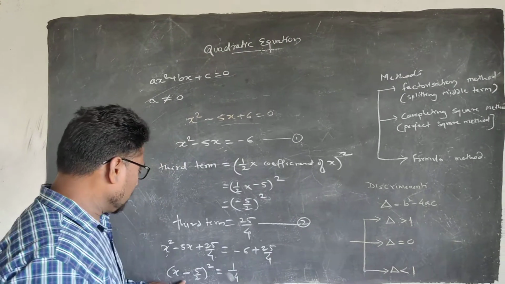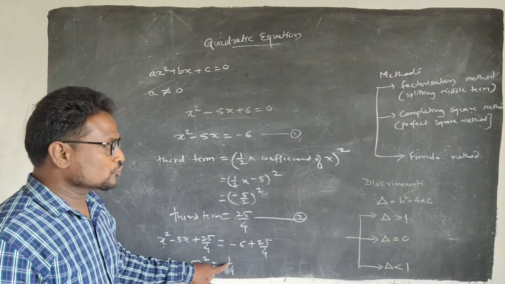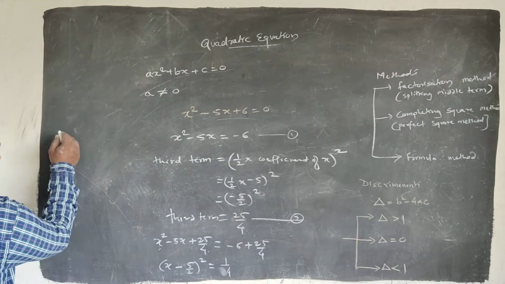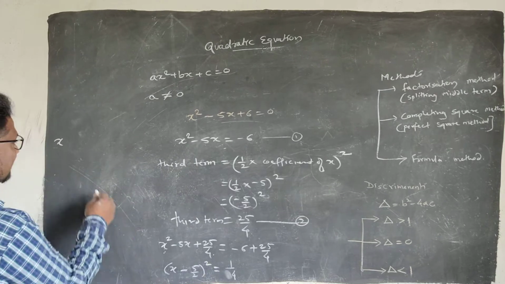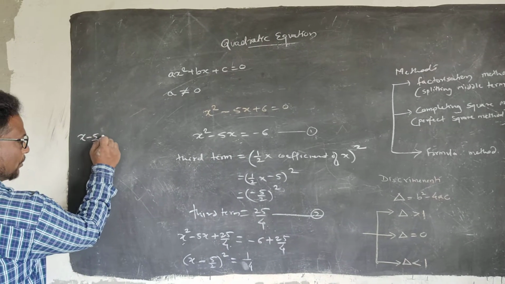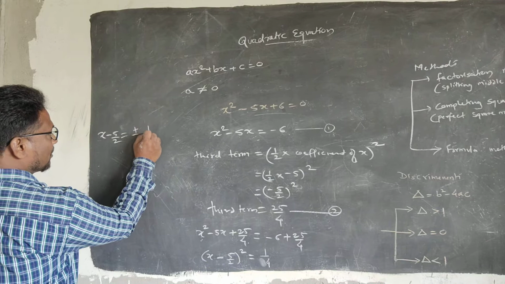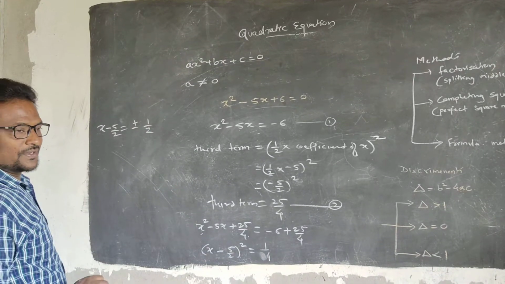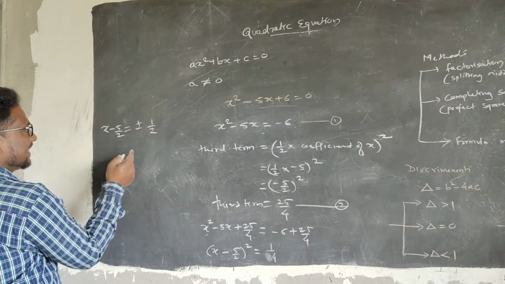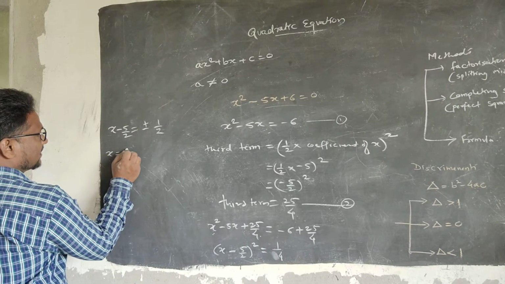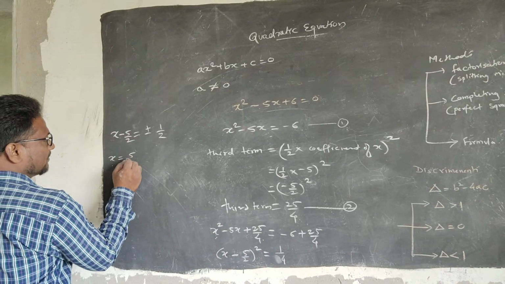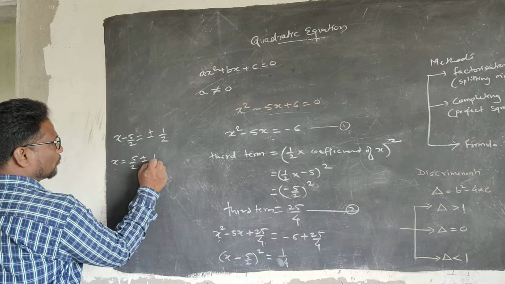So we get x minus 5 upon 2 bracket square is equal to 1 upon 4, and taking the square root on both sides, this gives you x minus 5 upon 2 is equal to plus or minus 1 upon 2. Simply send this value to the other side and you can calculate it easily. So negative 5 upon 2 becomes 5 upon 2, plus or minus 1 upon 2.